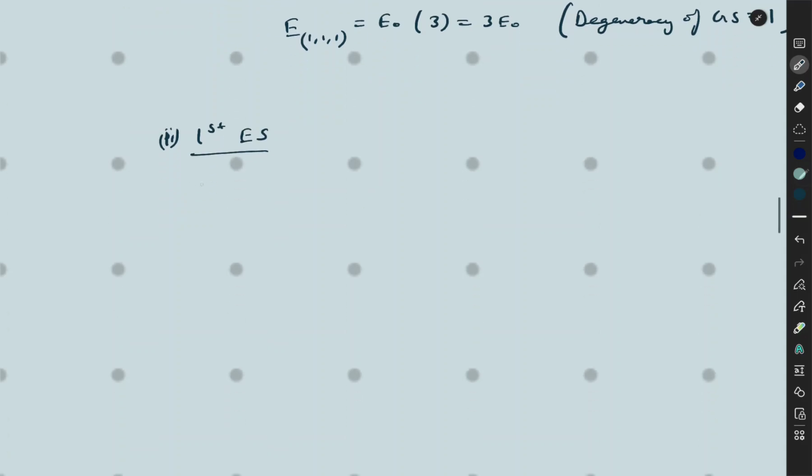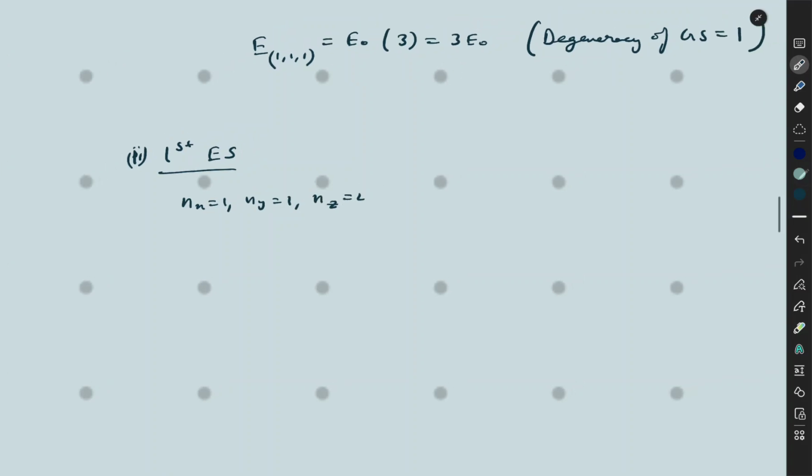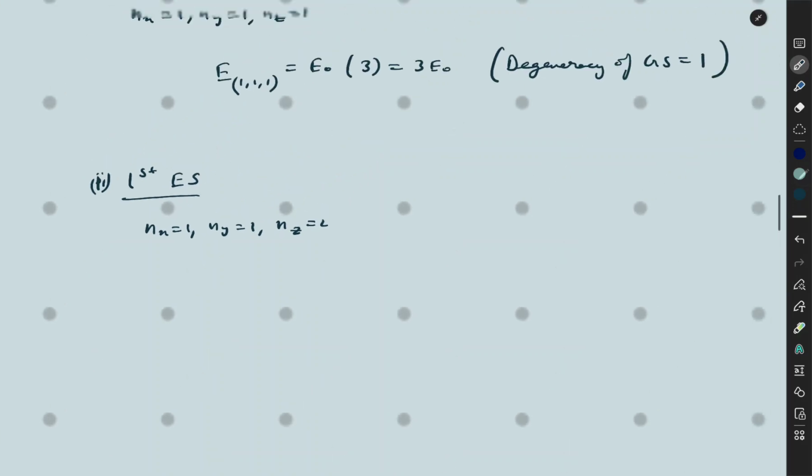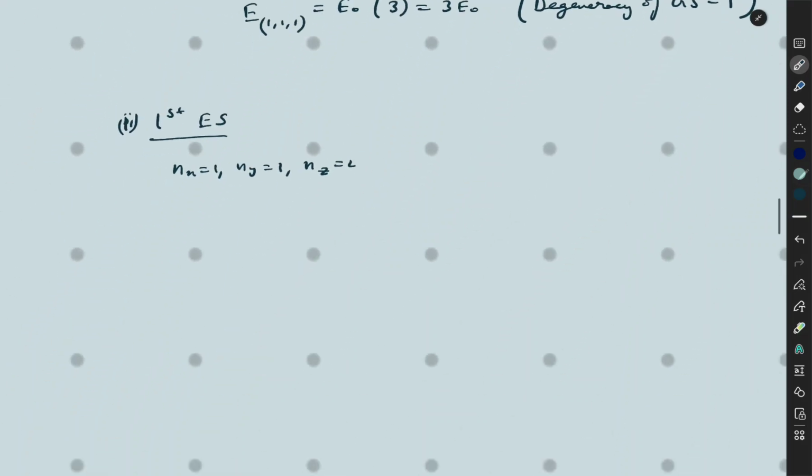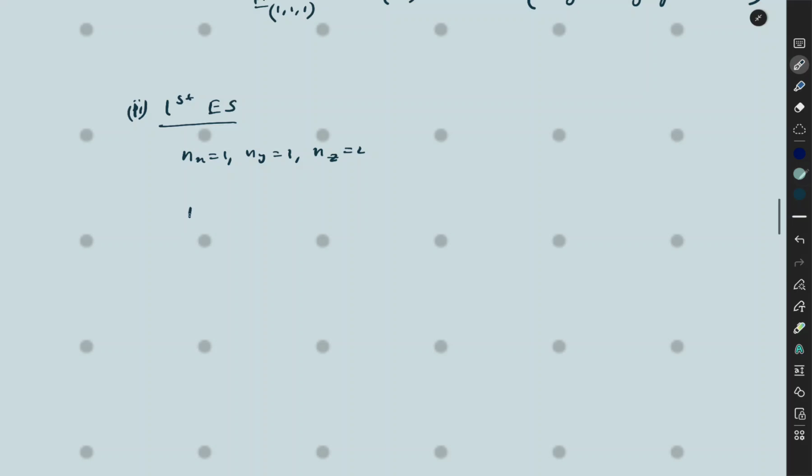In the first ES, the next lowest sum of squares possible is, let us take nx equal to 1, ny equal to 1 and nz equal to 2. Therefore, the sum becomes 1 plus 1 plus 4, that is 6. Therefore, energy of 1, 1, 2 equal to 6 E naught.